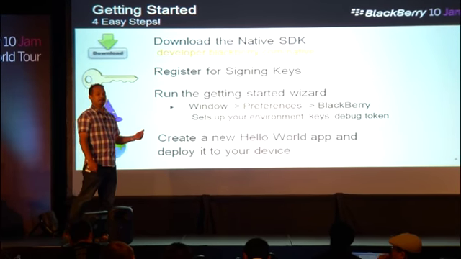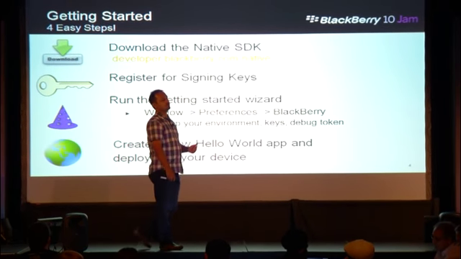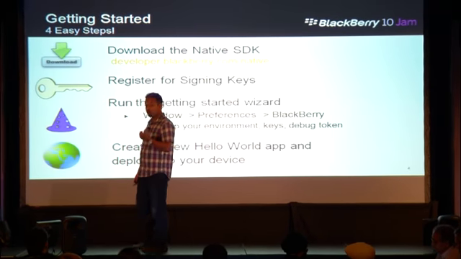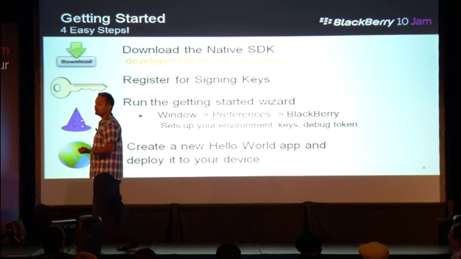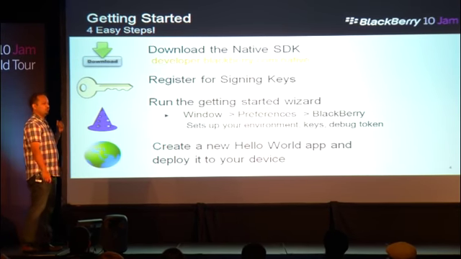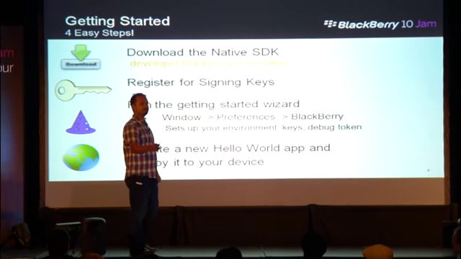The second step after that is to register for your signing keys. Signing keys are used to sign your application so that we can identify, or more importantly, the user can identify who this app is from. And Rob mentioned it a little bit earlier that you should never lose your signing key.